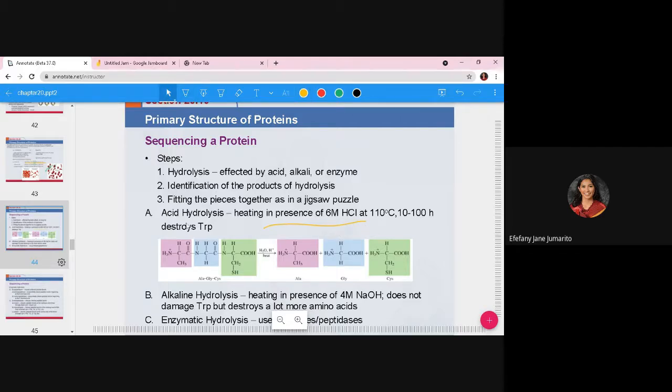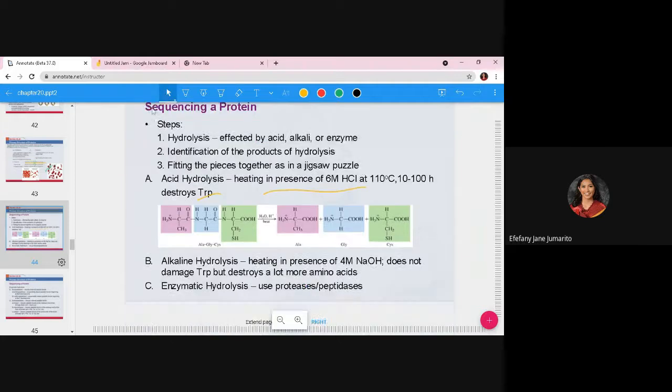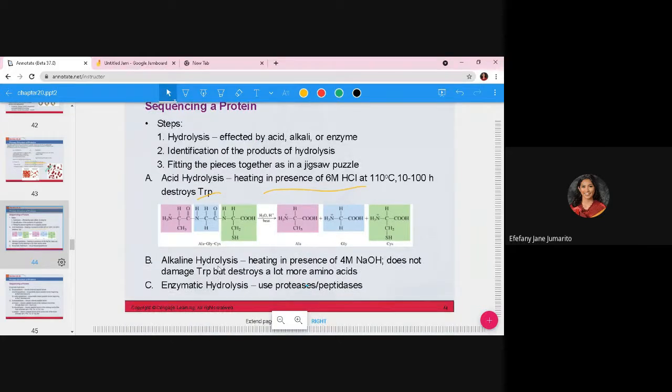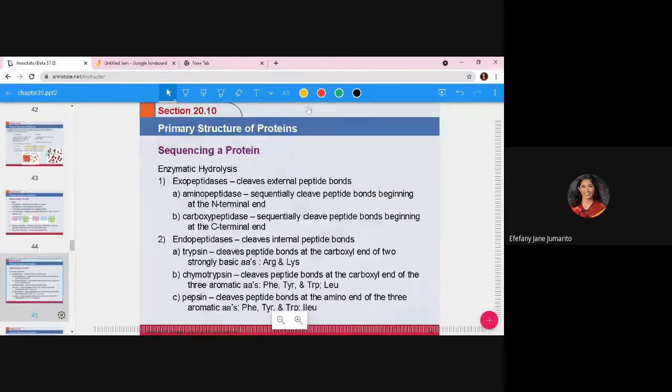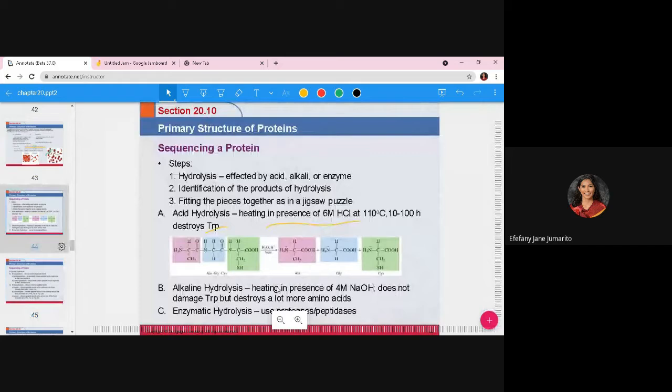So it destroys tryptophan, TRP. Now, if we have an alkaline hydrolysis, it's in the presence of a strong basic solution. Now, it does not damage TRP. However, it damages a lot more amino acids.